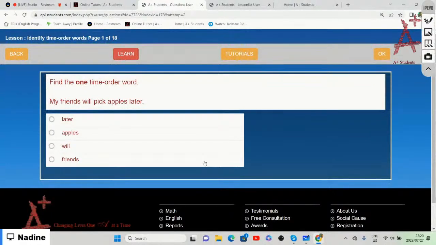My friends will pick apples later. We need to find the one time order word. Is it later? Is it apples? Is it will? Or is it friends?